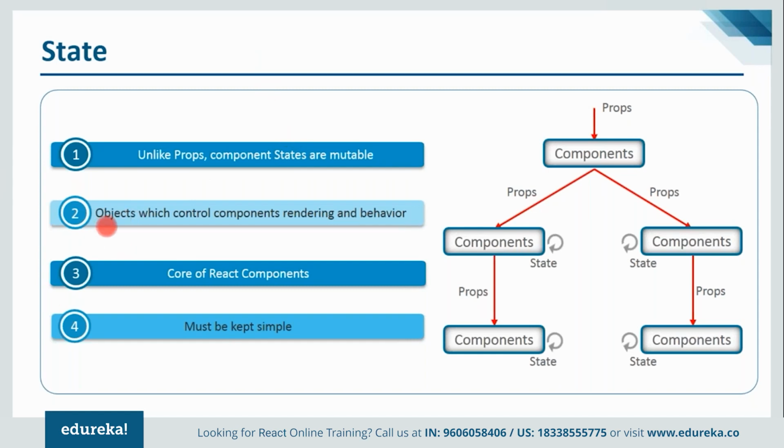And these state objects are the ones which control the rendering and the behavior of your components. Because the state is so flexible, it is actually the most important part of your components, and we consider this the core of React components. And because it's the core, it has to be kept as simple as possible to enable readability. And as the diagram here represents, the state can be changed or updated with time or with certain actions.